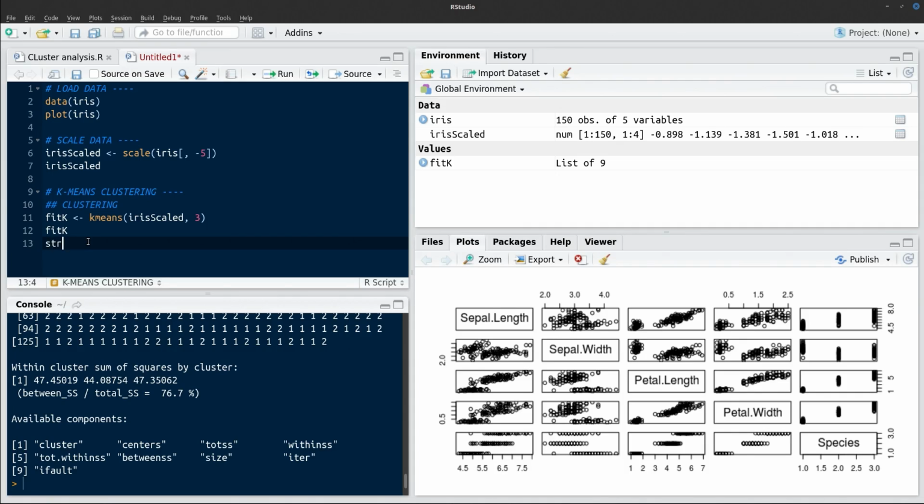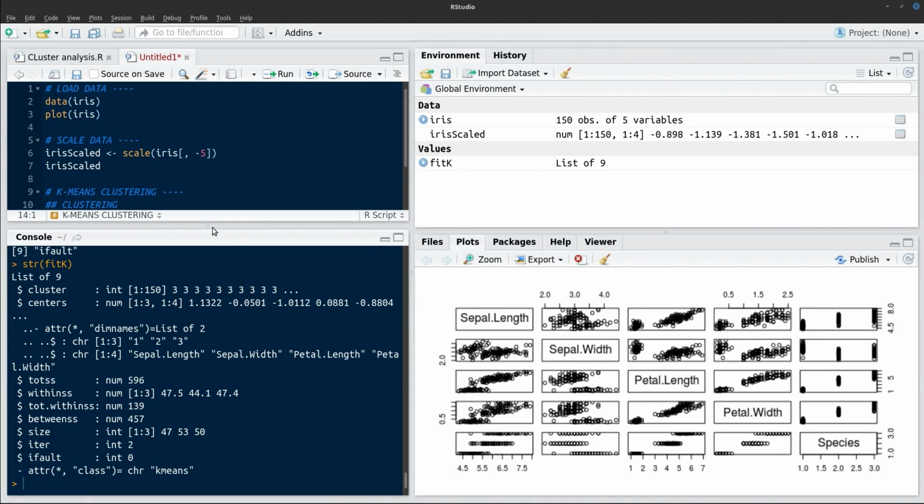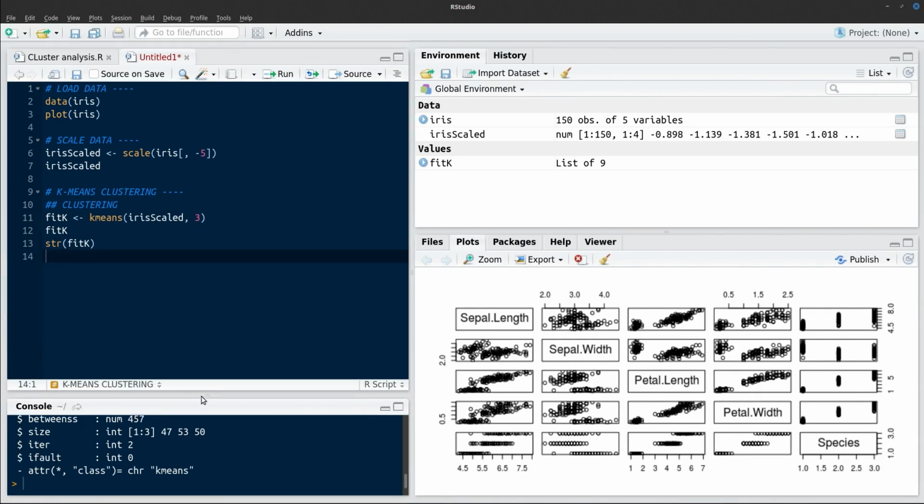If we have a look at the structure of this fit object, we see that we can extract the cluster membership by using the $, and then the cluster variable.